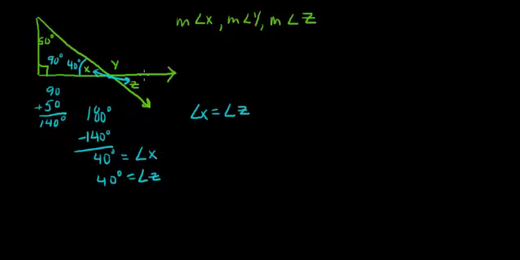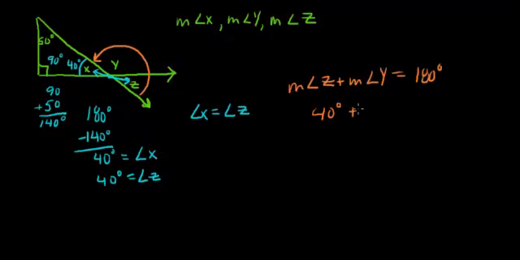We can then use the idea of supplementary angles. The two angles on a straight line add up to 180. We could either do Z plus Y or X plus Y, but I know the measurement of angle Z plus the measurement of angle Y equals 180 degrees because it's supplementary. If I know the measurement of angle Z is 40 degrees, I know that 40 degrees plus whatever Y equals is 180.